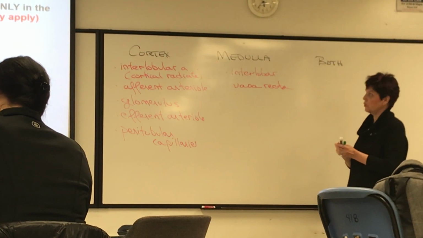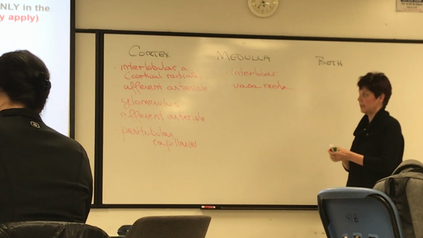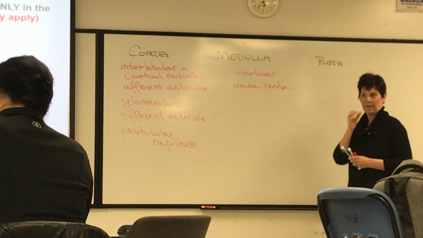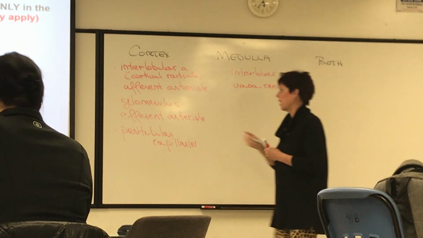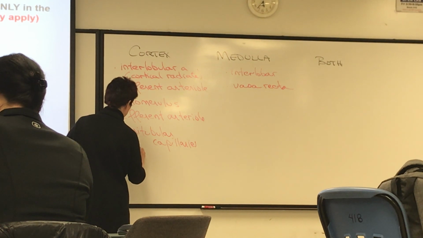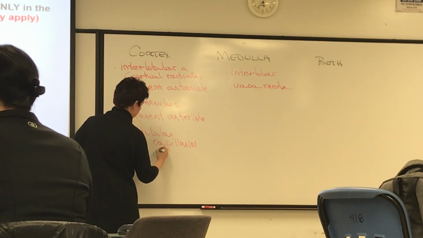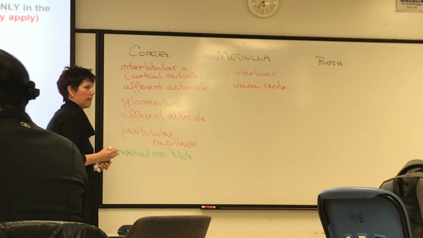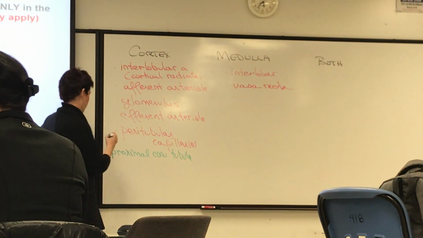So then what structures would we find in the cortex? Proximal convoluted tubule. All right.